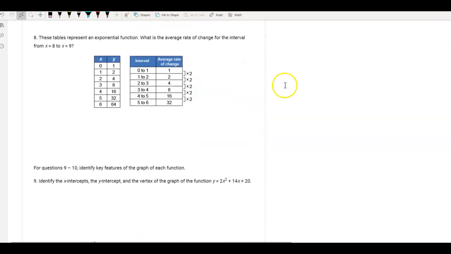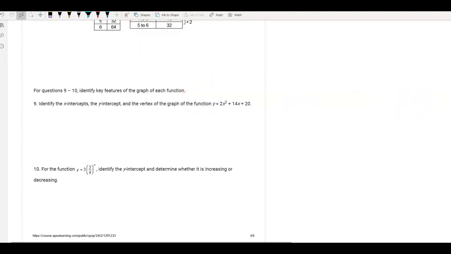For the next one, your average rate of change over the interval, you're multiplying by 2 each time here.